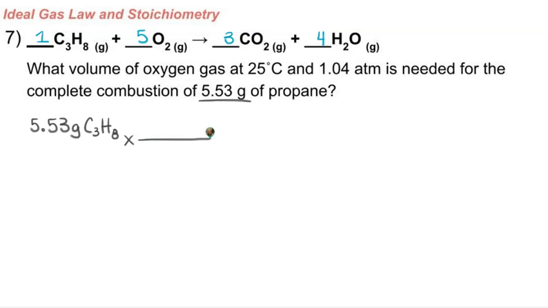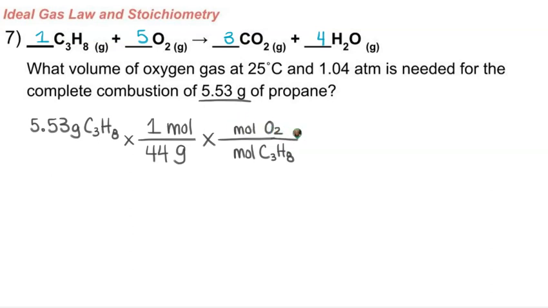We're going to start the same way we did the previous problem by going from grams to moles of C3H8. 1 mole of C3H8, if you add up its molar mass, so about 12 times 3 plus 8, you get about 44 grams per mole. Then we can go from moles of C3H8 to moles of our desired substance, so oxygen gas, moles of O2.